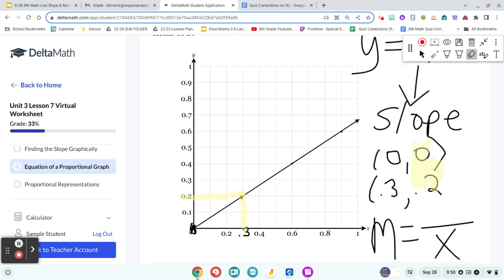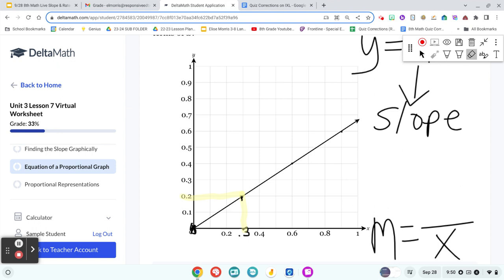So here is your shortcut. If you have a 0, 0, you can just take one point, this one right here, and put the y over the x. So I am going to put the 0.2 over the 0.3.